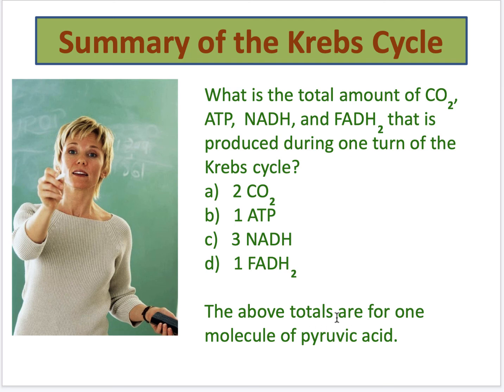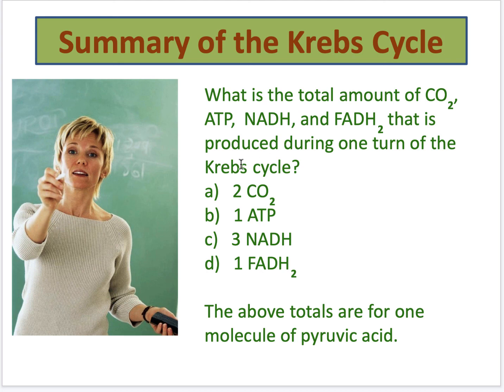I'm not going to go back to the slides, but glucose has 6 carbons. Glucose is C6H12O6. Pyruvic acid only has 3 carbons. So since glucose has a total of 6 and pyruvic acid has a total of 3, there are 2 of these pyruvic acids made by glycolysis.